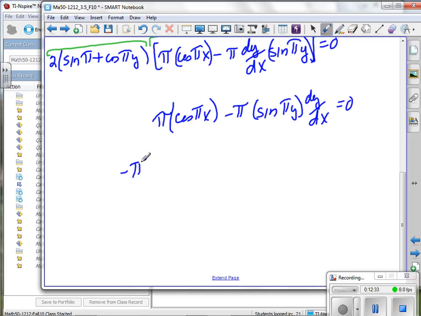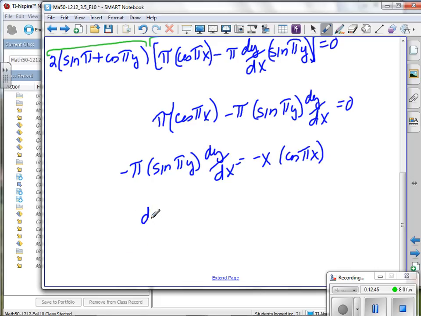I got negative pi sine pi y dy dx equals negative pi cosine pi x. dy dx has a value of cosine pi x divided by sine pi y. And never lose sight, what does this tell us?